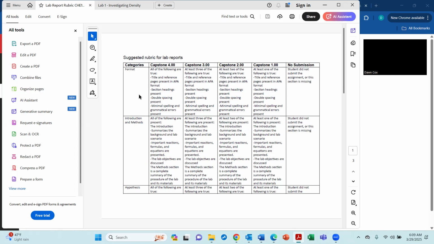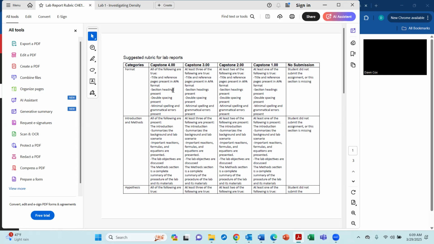So make sure you read all of the feedback, because what I'm trying to do is help you do better next time. All right, so the first category is basically measuring whether you used APA. You should have a title and a reference page in APA format. You should have the 6 sections, right? The title and reference page are 2 of those, but the 4 written sections in the middle should have headings on them, right?